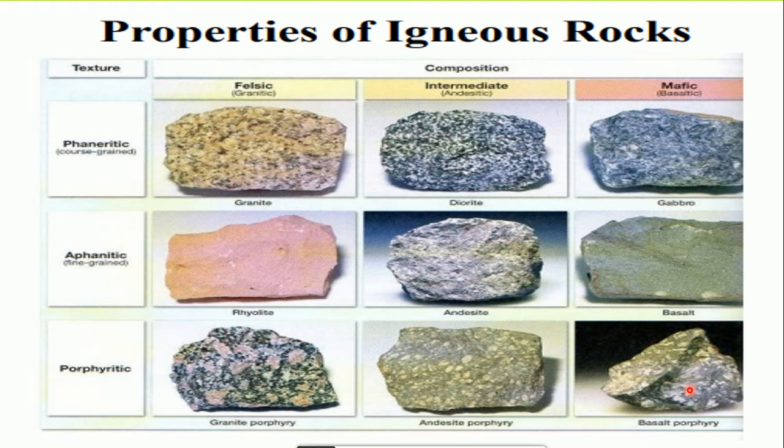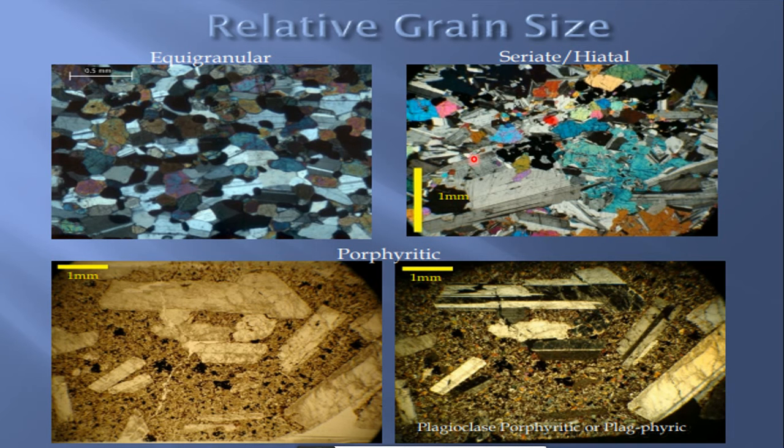This is basalt porphyry. Relative grain size: equigranular, seriate, and porphyritic is a shape, and if the groundmass is of porphyritic type, you can see it in a thin section picture. In this texture, the groundmass is small grains and there is a big type of glass.